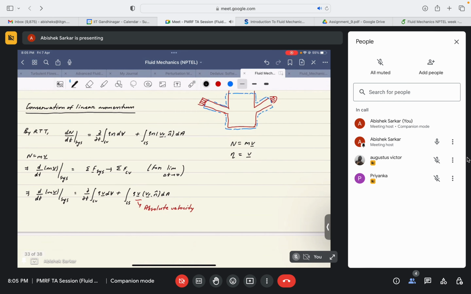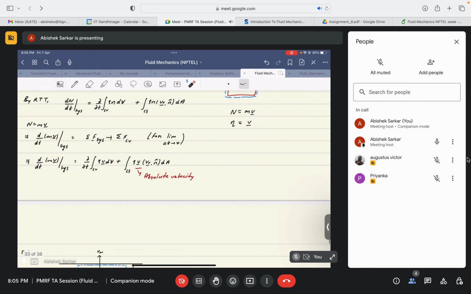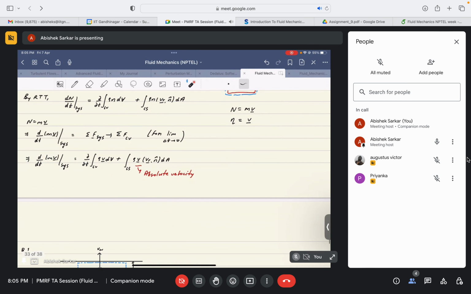Yes, sir. So implementing this in the RTT, we can write d by dt of mV, where mV denotes the linear momentum of the system, is equal to the partial derivative del by del t of the volume integral of rho V dV, where eta is now substituted by the velocity vector V, and again here we substitute eta by the velocity vector V. So the first term is there, and the second term would be the surface integral of rho V, where V is the absolute velocity of the flow field, multiplied by Vr dot n cap dA.